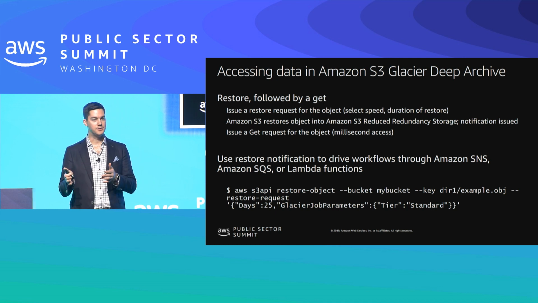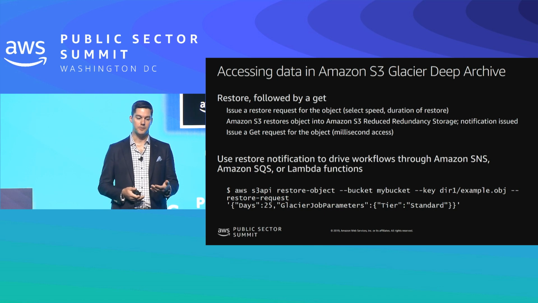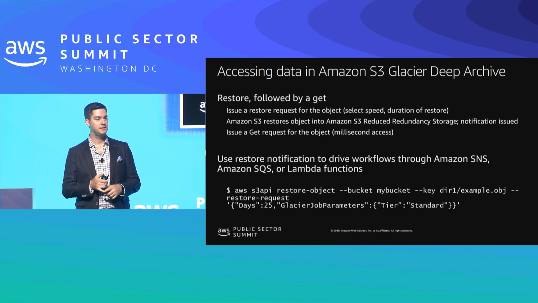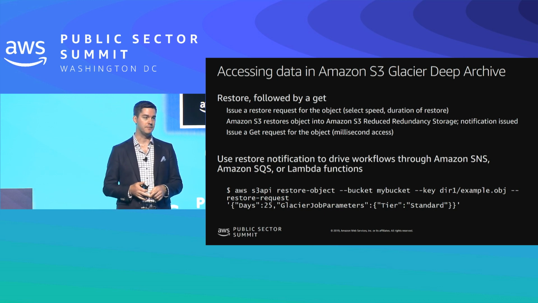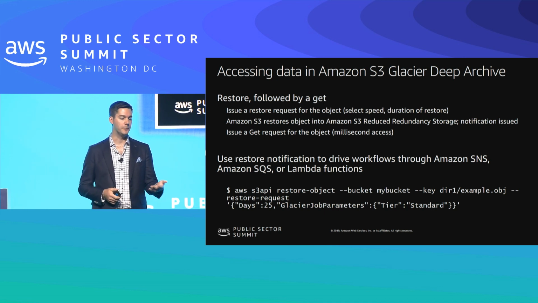And because there's that uncertainty, and in the case of, for example, a Deep Archive bulk restore, within 48 hours is quite a long time, and there's value to processing that data as soon as it's available, you can configure a restore notification. You have 3 options there. You can have an Amazon SNS message, an Amazon SQS message, or you can trigger a Lambda function, which will trigger as soon as the restore is completed and the object's available.